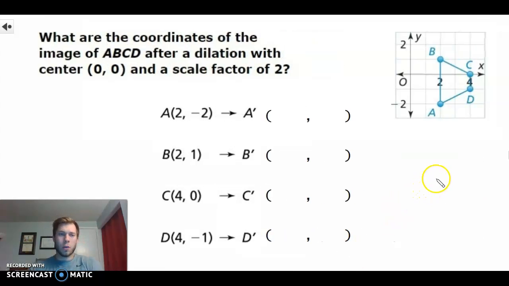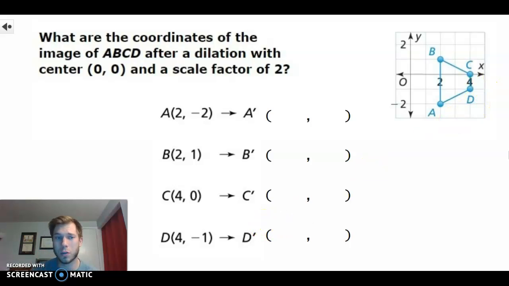Okay, so now we're going to look at what are the coordinates of the image ABCD after a dilation with center 0, 0 and a scale factor of 2. So I want to know what all of the ordered pairs are going to be for A prime, B prime, C prime, and D prime.